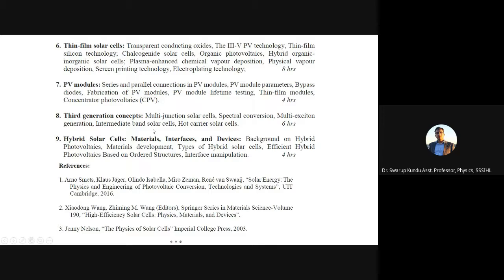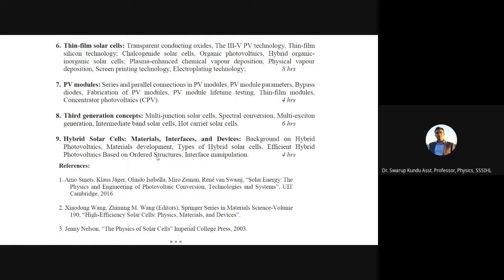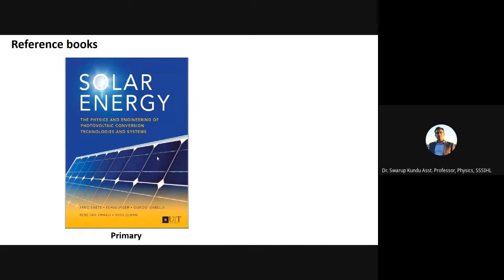It will be very interesting, I feel, and this course is very important for energy, right? Electricity we need in our every moment, right? And let me just finish with the reference book. The primary reference book we will follow is Solar Energy: The Physics and Engineering of Photovoltaic Conversion, Technology and Systems.